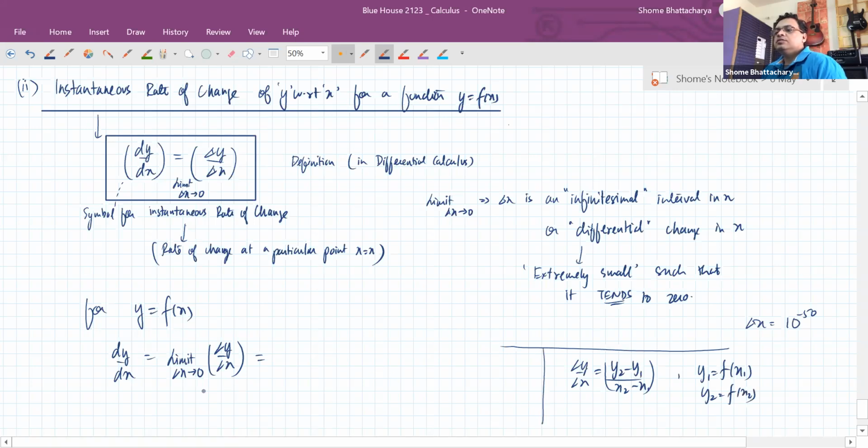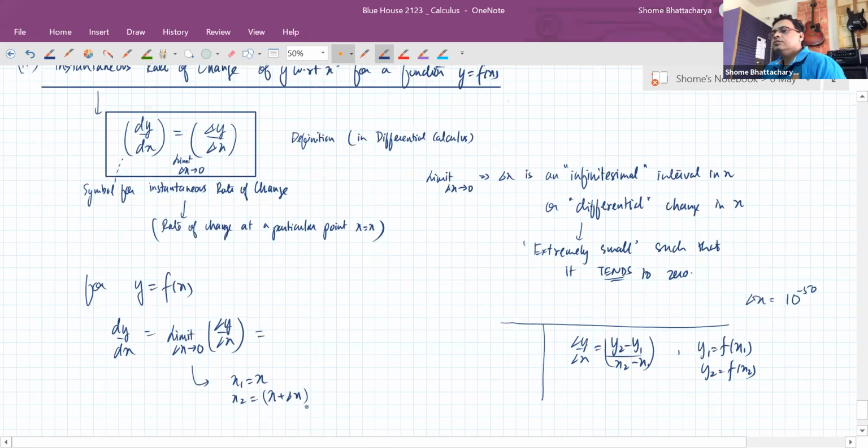Now, in this situation, we are taking x1 as x and x2 as x plus delta x, but under that limit that delta x tends to 0. So correspondingly, y1 becomes f of x, but y2 becomes f of x plus delta x. But again, under that limit, delta x is extremely small, tending to 0.